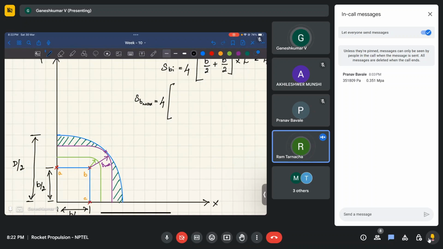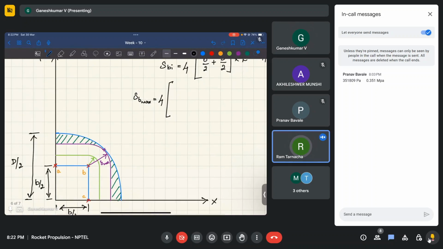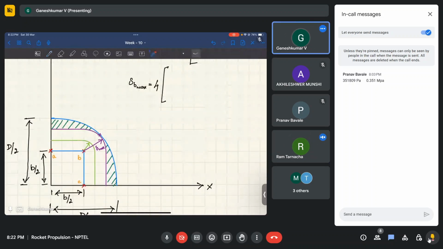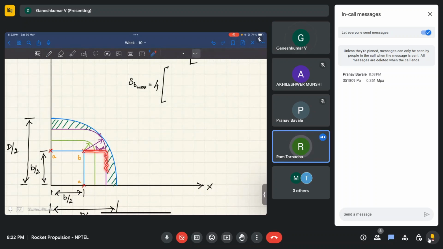You can similarly find the maximum surface area. How will you find it? This is going to be b by 2, and this is also going to be b by 2. These two are not going to change, and then this is going to be a quadrant of a full circle. So let's add all these: b by 2 plus b by 2, and the quadrant of a full circle.